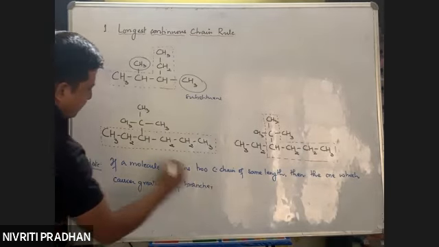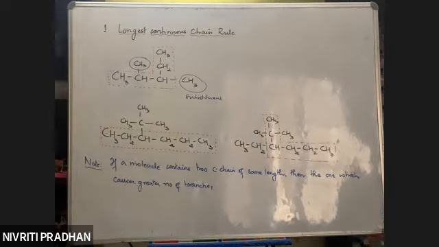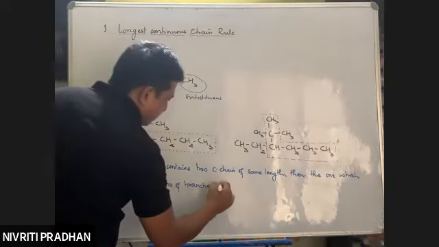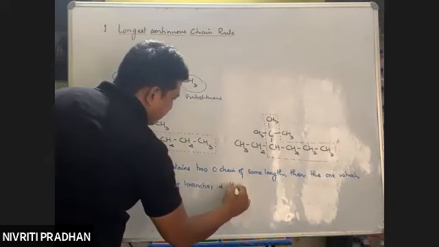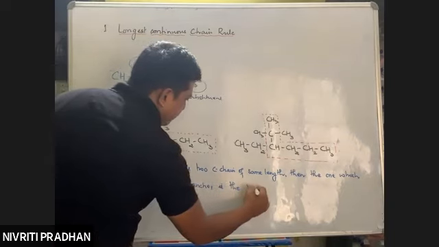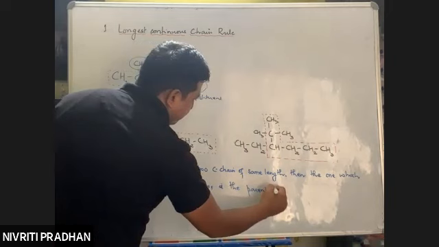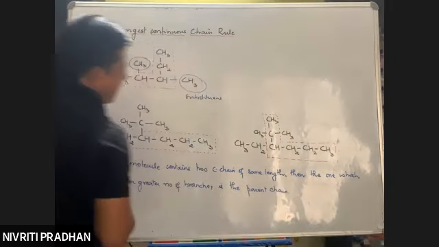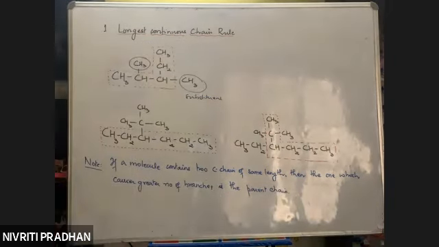So this is going to be important. Got it? So this is an example where there are 6 carbon atoms.